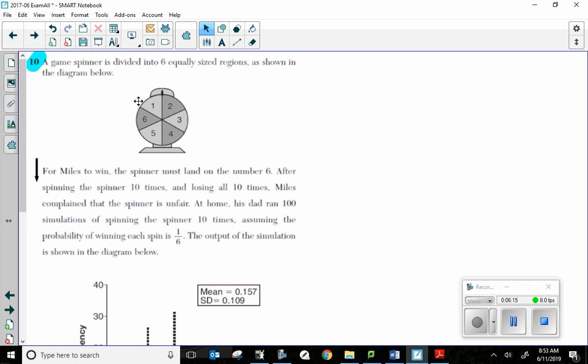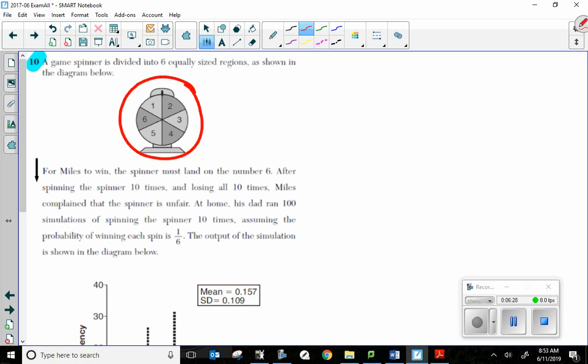At home, his dad ran 100 simulations of spinning the spinner 10 times. Assuming the probability of winning each spin is 1/6. Obviously, you have 6 numbers here, and they're all equal spaces. You have a 1 in 6 chance at landing on any one number. In this case, it's the probability of landing on the number 6.